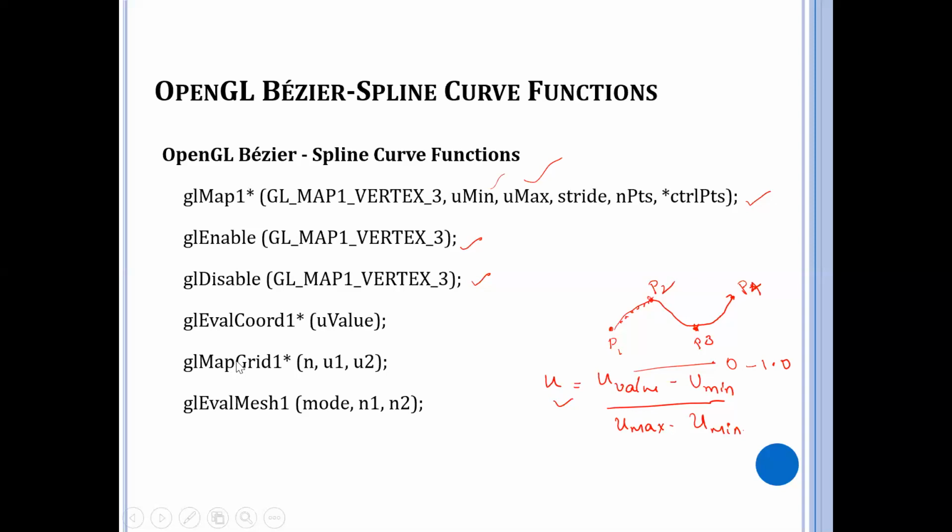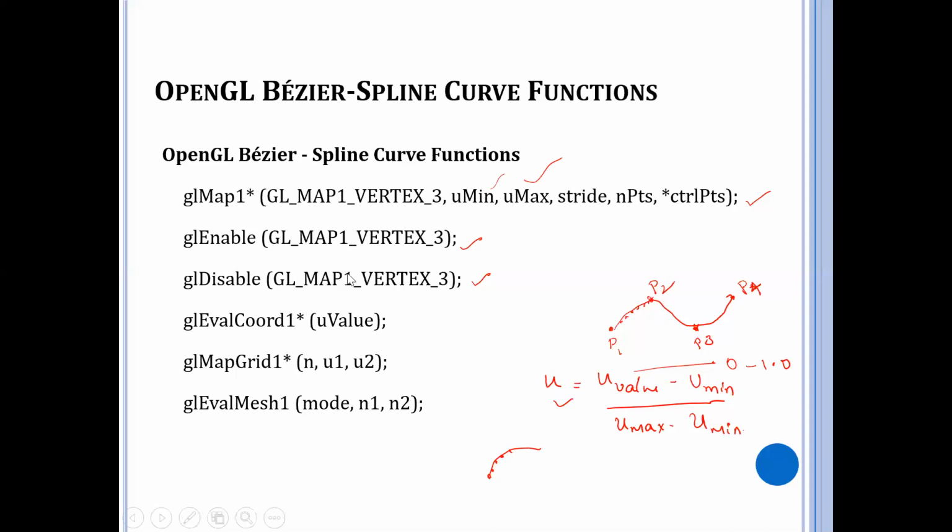A spline curve is generated with evenly spaced parameter values, and OpenGL provides the following functions which can be used to provide a set of uniformly spaced parameter values. That means if I draw this, it is evenly spaced parameter values for us.